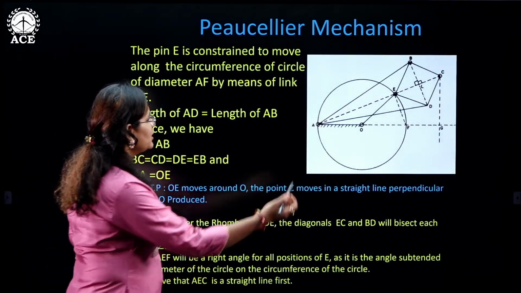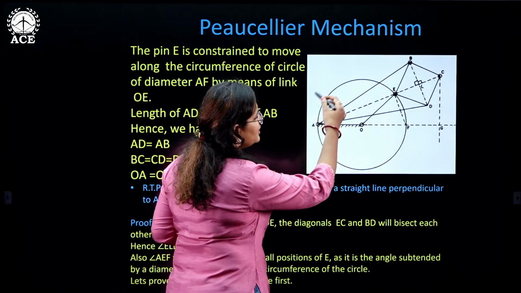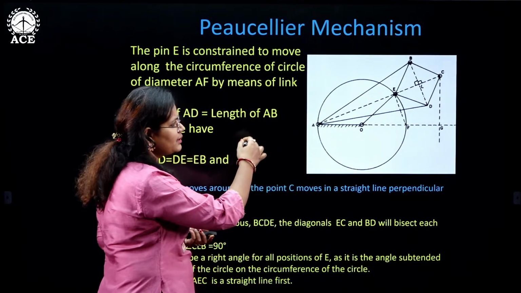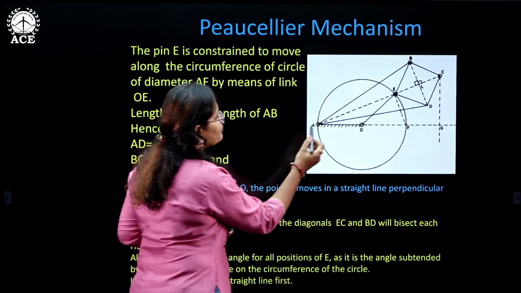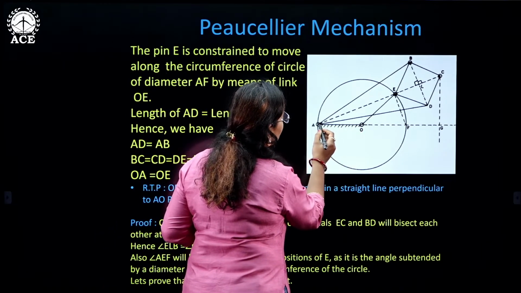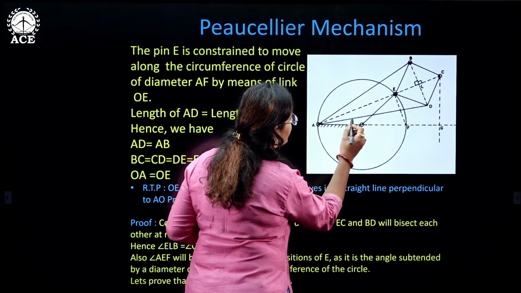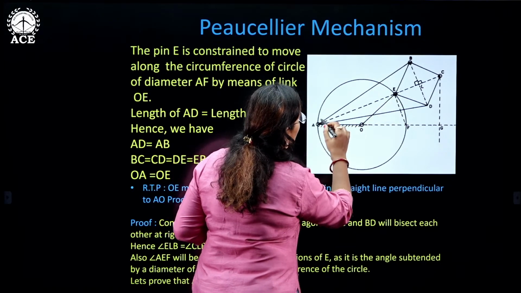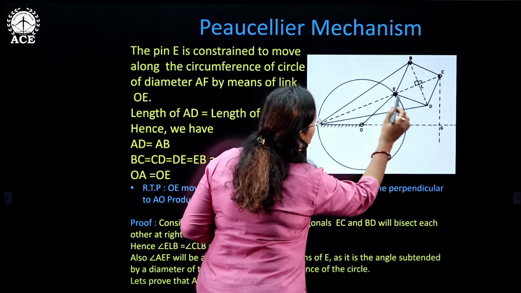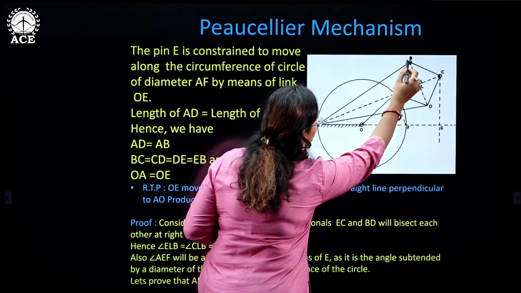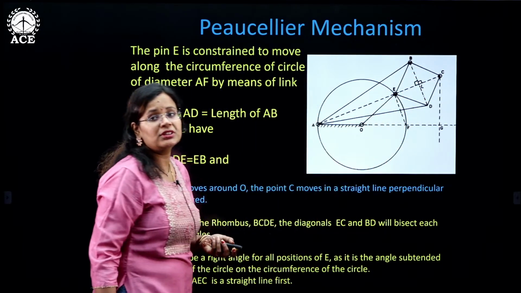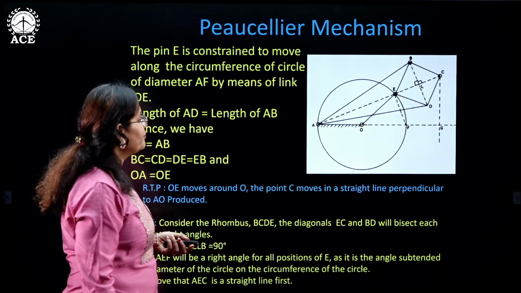See, this diagram is just the line diagram of the same mechanism that we have seen just before. This mechanism has 8 links, as I told you. So OA is a link, OE is a link, OB, OD, then ED, EB, BC and CD. There are a total of 8 links in this.